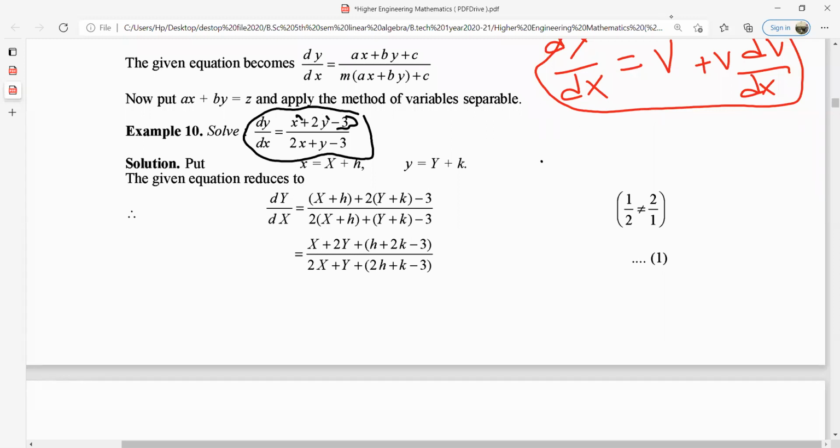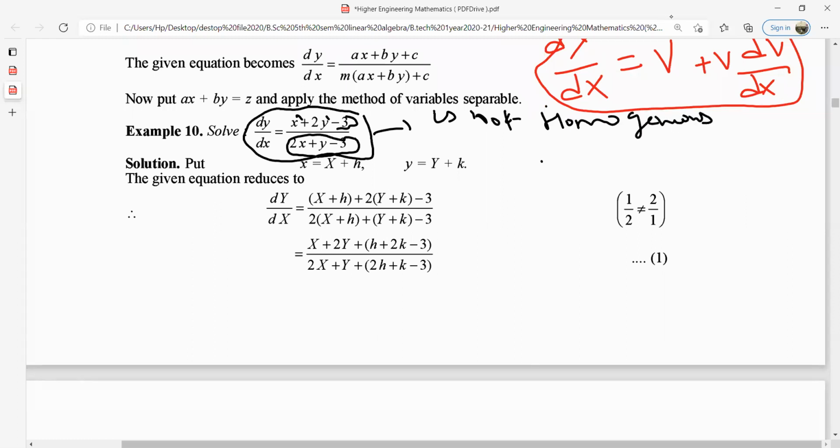So homogeneous function is always contain each term same degree. Similarly, this function also not homogeneous function, so the given differential equation is not homogeneous.